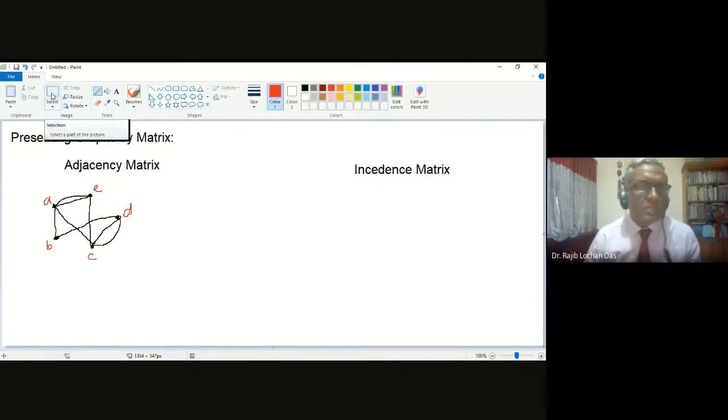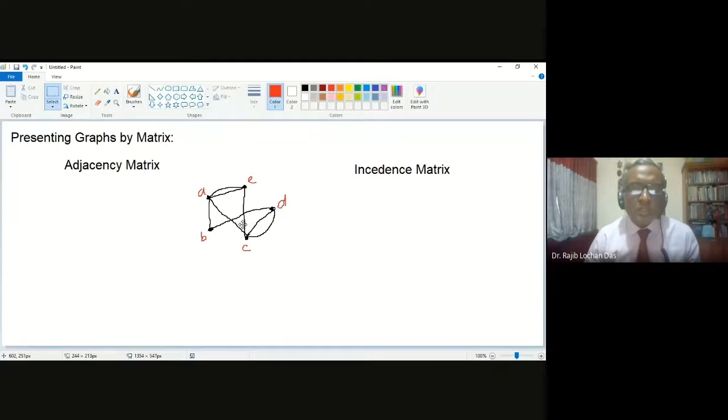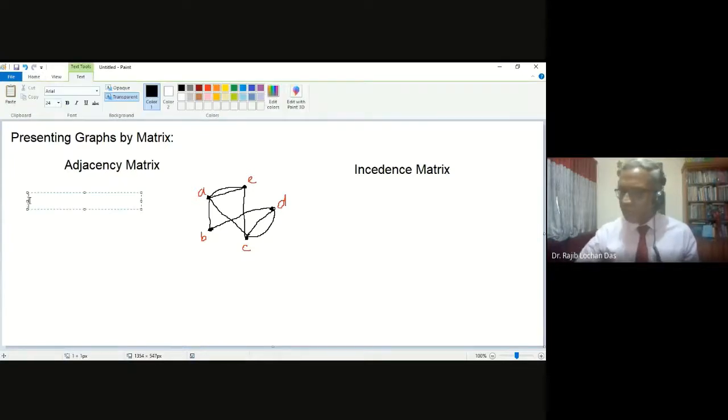And about this graph, if you think about adjacency matrix, let me just keep this graph in the middle. So adjacency matrix will be a matrix, definitely, and that will be with the vertices as column and also as row.